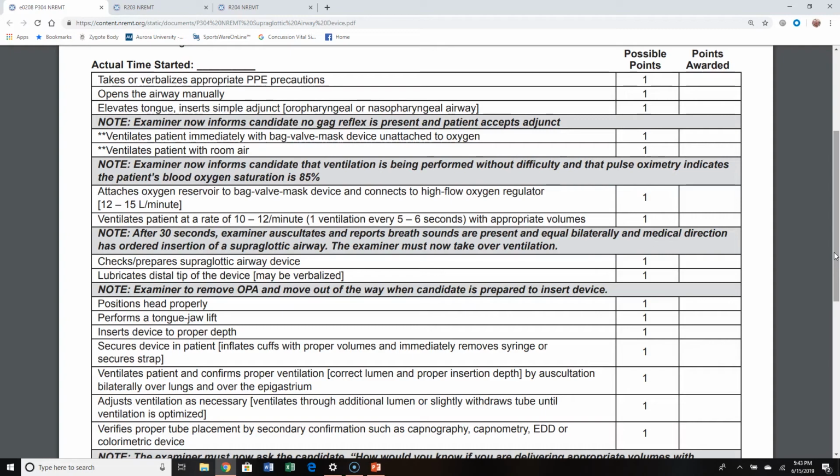We have to position the head properly, so it should be neutral. It shouldn't be in any lateral bending. It shouldn't be in rotation. We want to avoid, obviously, excessive flexion if the patient's supine. So we want them as neutral as possible. We use the method of a tongue-jaw lift.